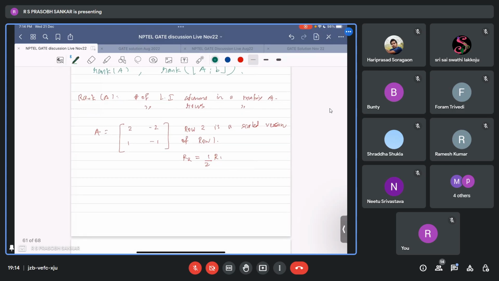Any questions? Okay. So what it means is that rows 1 and 2 are linearly dependent. So what it means is that rank of A is 1. So is this okay?